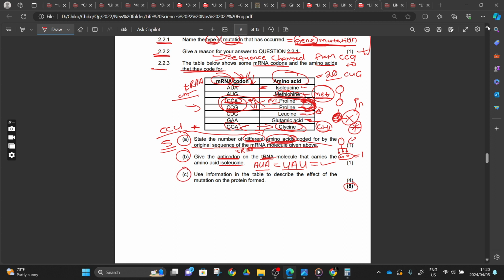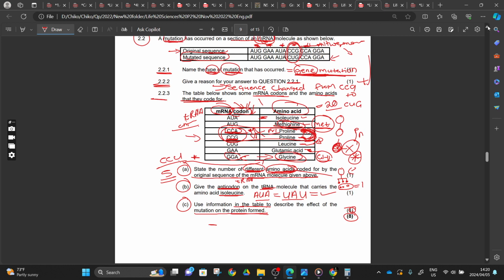Use information in the table to describe the effect of the mutation on the protein formed. Use the 4 marks. Which table? This one, right? To describe the effect of the mutation on the protein formed. Okay, the protein formed, it means that you are going to say CCG coding for proline.